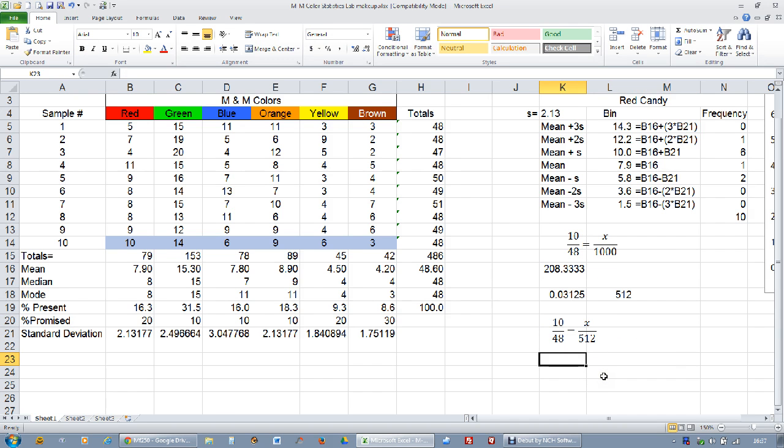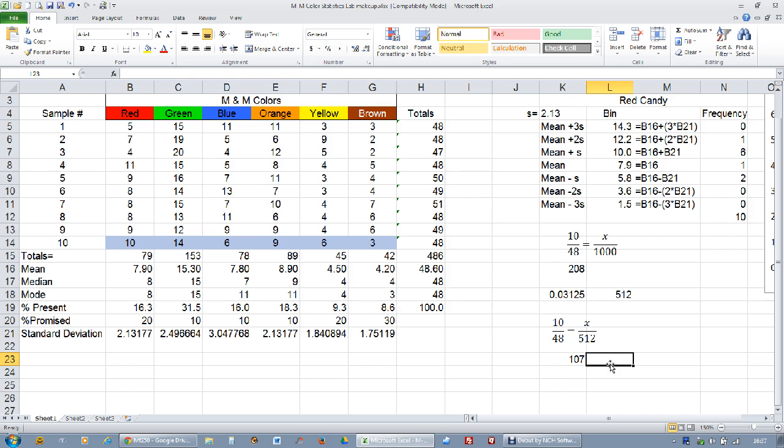So 10 times 512, or 5,120, divided by 48. So out of a pound of M&Ms, 107 are red. Make sense? And we'll round off there.